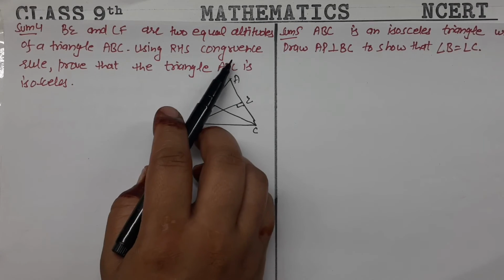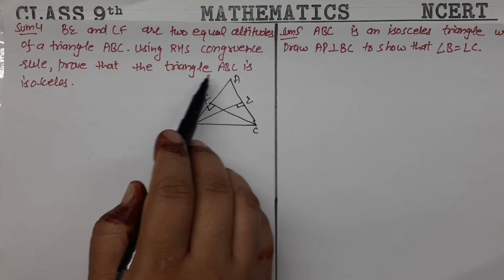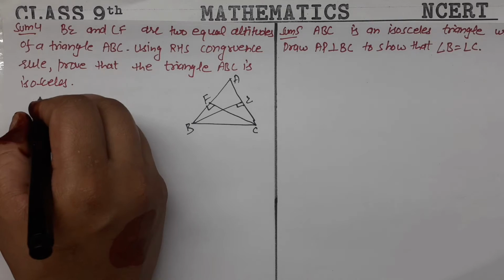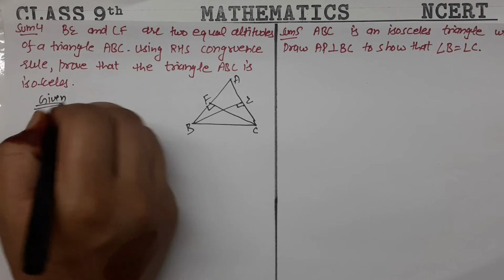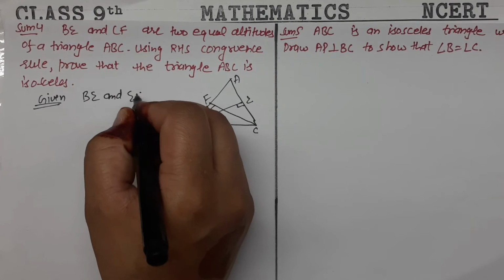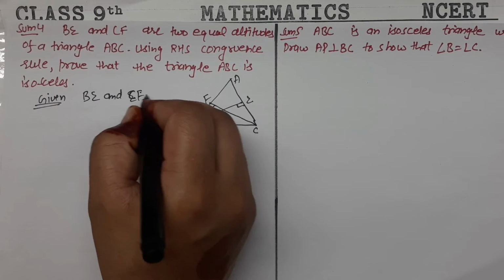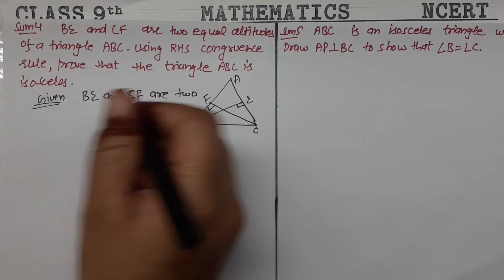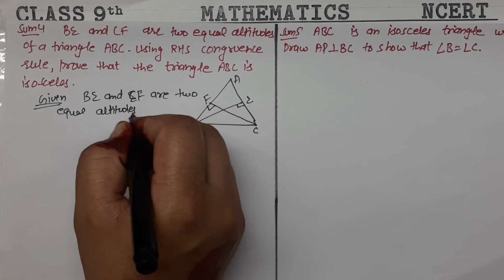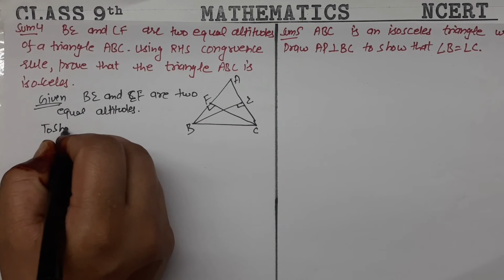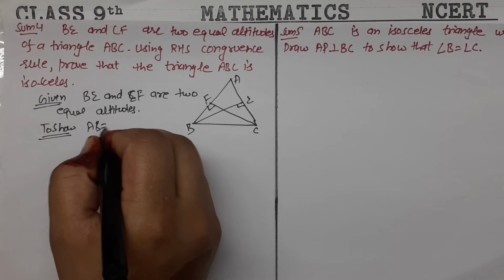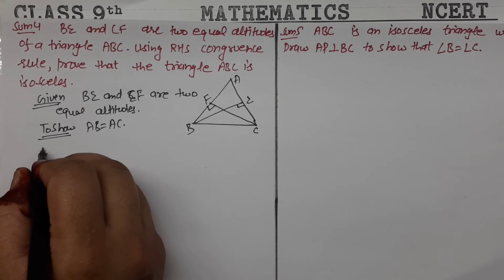Using RHS congruence rule, prove that the triangle ABC is an isosceles triangle. Figure. Given: BE and CF are two equal altitudes. To show: AB equals to AC.